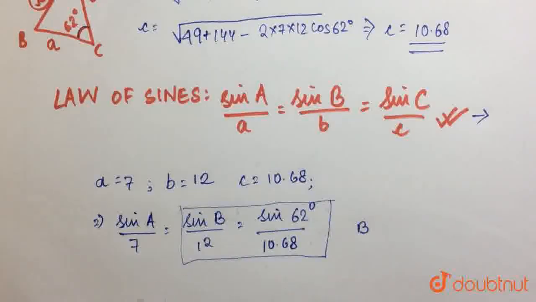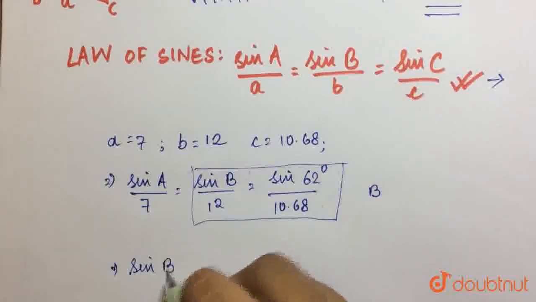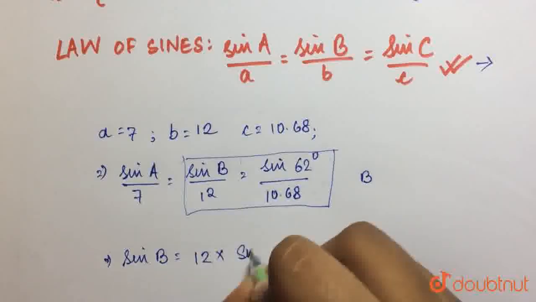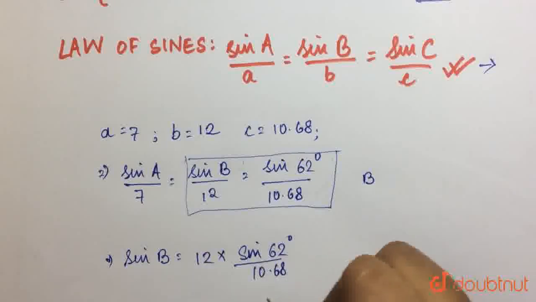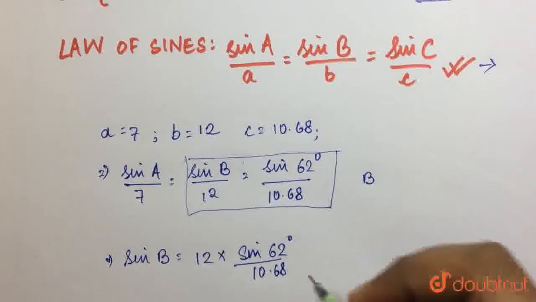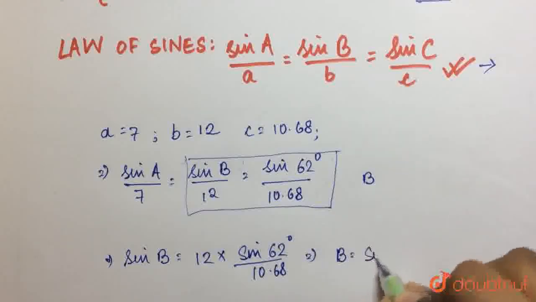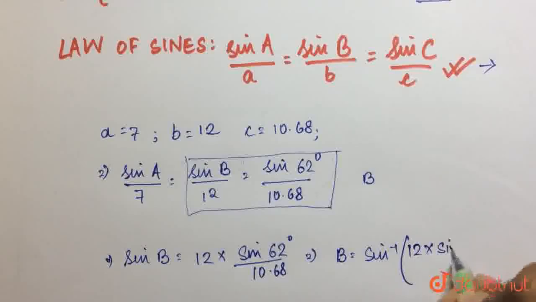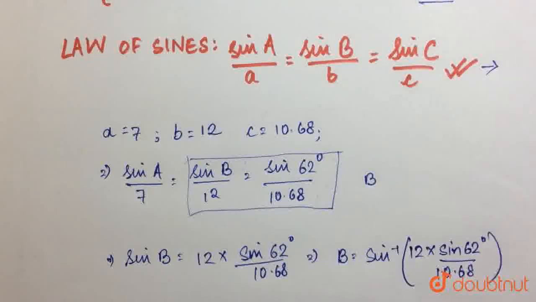So first, sine B will be equal to 12 into sine of 62 degree by 10.68. Okay. So from here, B will be equal to sine inverse of 12 into sine 62 degree by 10.68.